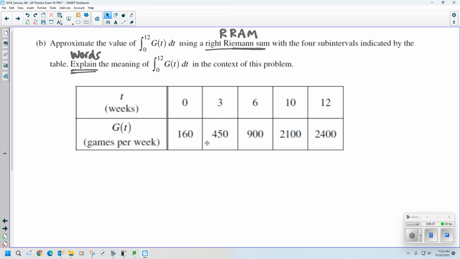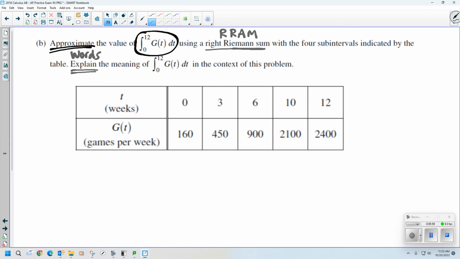We're adding up all those rectangles under the curve. So this area under the curve is a great approximation. Again, I use approximation because they're telling me to approximate. If I wanted it exactly, I would have to integrate an equation. But we don't have an equation, so we're going to approximate it using this table.